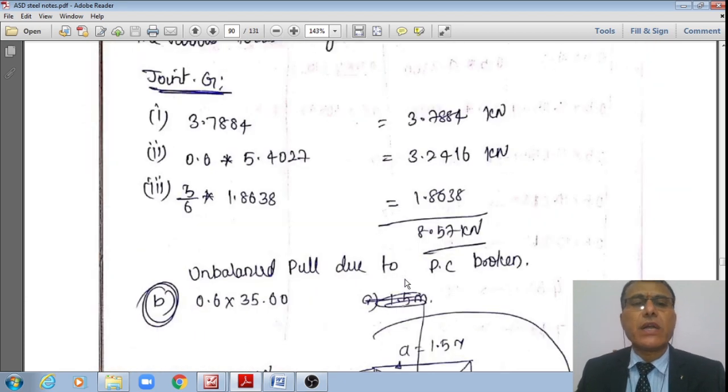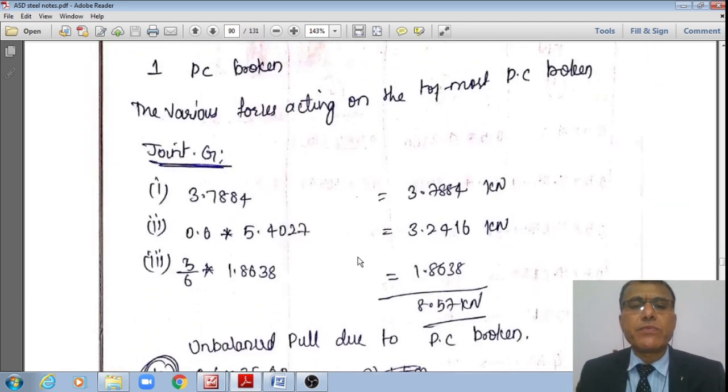However, now IS 802 says that once a power conductor is broken, then 60% of that broken load should be taken as the lateral load. Therefore, 60% of 5.4027 is 3.2416 kilonewton.